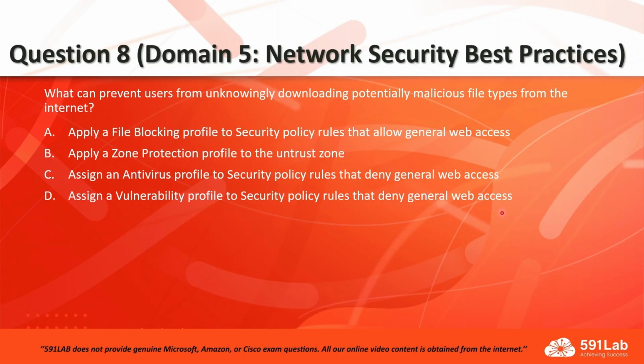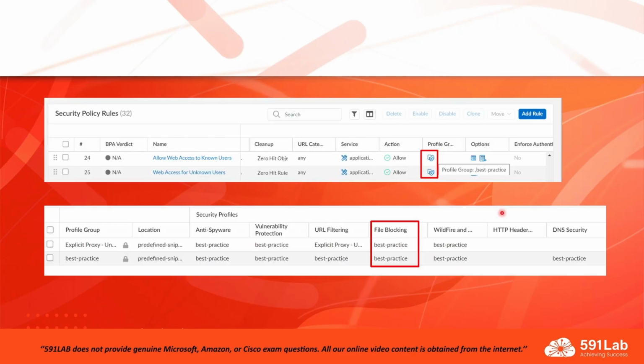To answer this question, let me show you the security profile and the security policy on the Prisma Access solution of Prisma SASE. Here we have the security policy rule to allow web access. This security policy has a profile group, which is the best practice profile group.